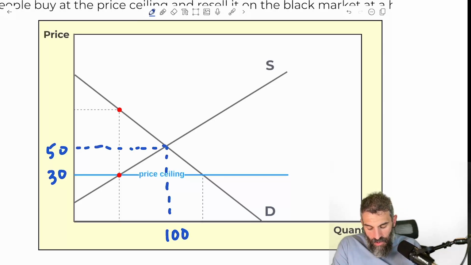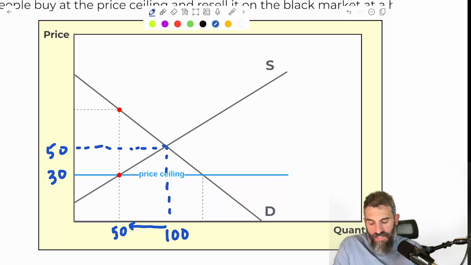What's going to happen, you're going to have a bunch of suppliers all of a sudden exiting. And let's say the quantity supplied will fall to 50. And then that's the only thing that will be available. So that's all people will buy. Consumers will go out and pay $30 a unit and they'll buy the 50 units. The thing is, if you look at the demand curve and you follow this line all the way up, we know that when quantity is 50, consumers are actually willing to pay some higher price.